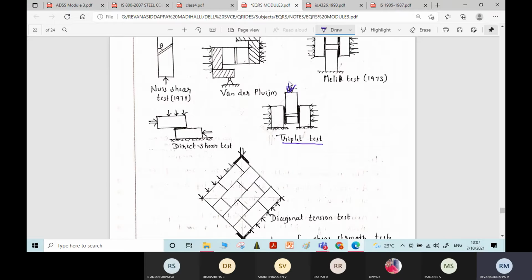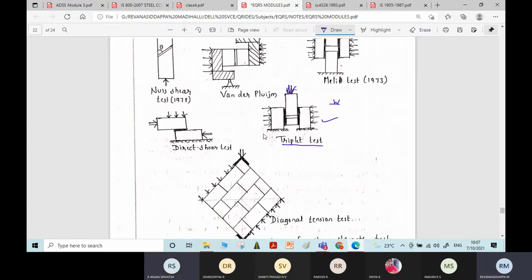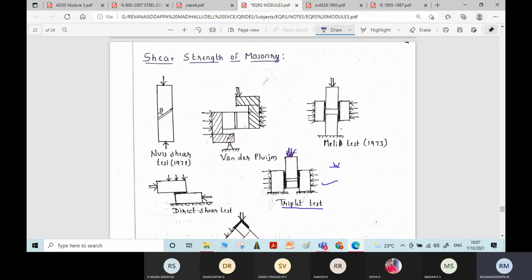Knowing this maximum or ultimate load taken by the brick, and knowing the cross-sectional area in which the brick is subjected to the shearing action, we will find the actual shear strength of the brick. Here we have one more test setup.